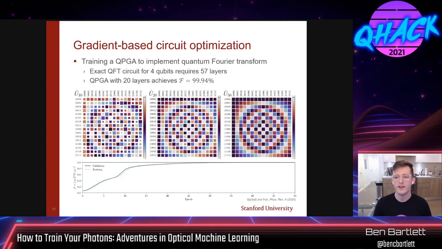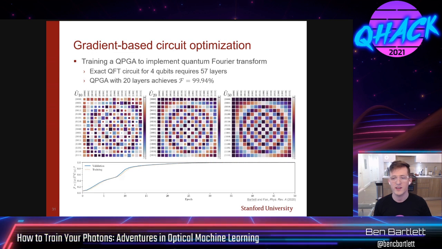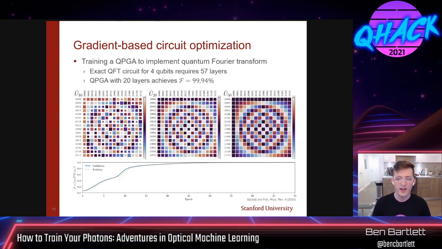But just a 20-layer QPGA can actually use this machine learning-based circuit optimization technique to achieve a fidelity of 99.94%. So the figure here depicts the operator that is implemented by the simulated device at various points in training, as well as the fidelity over the course of the optimization. The size of each square represents the magnitude of each of the matrix elements of the implemented operator, while the phase is denoted by the hue.